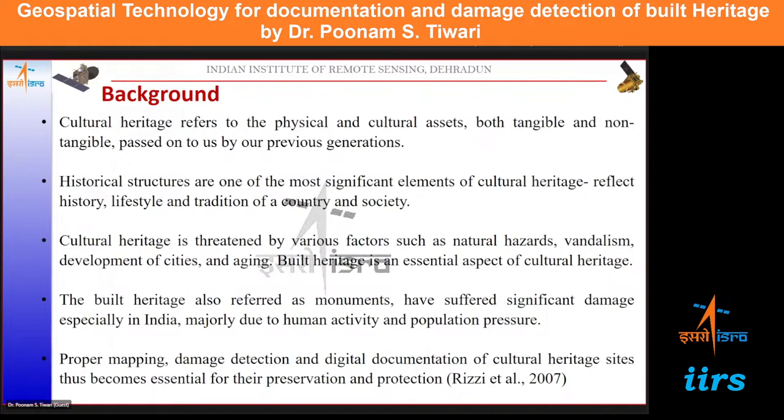First of all, let us understand that cultural heritage includes both the physical assets as well as the cultural assets, that is, the tangible and non-tangible things. What we are talking about is only the physical asset that our previous generations have left for us, which is the built heritage.